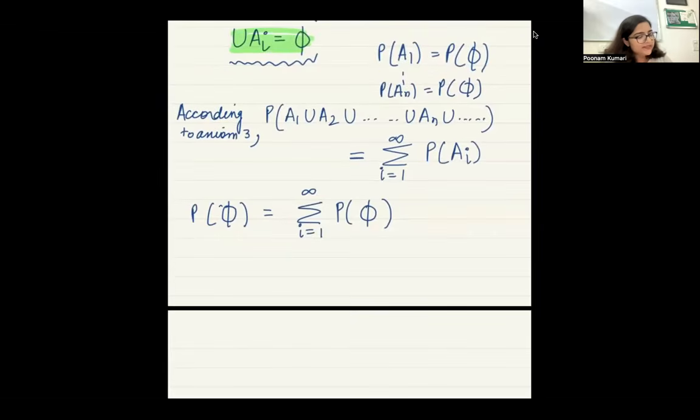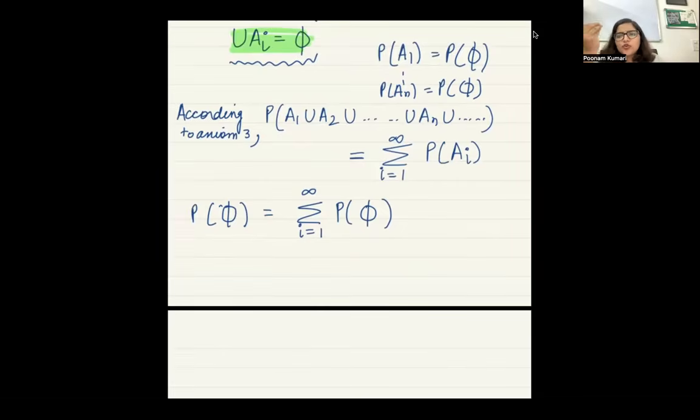When can this number be equal to this number? What are we saying? That this side is exactly equal to this side, right? Because I know that the probability of any event is greater than or equal to 0.